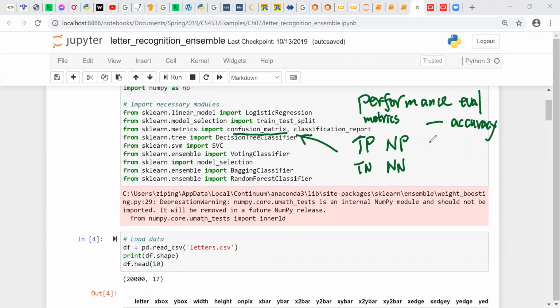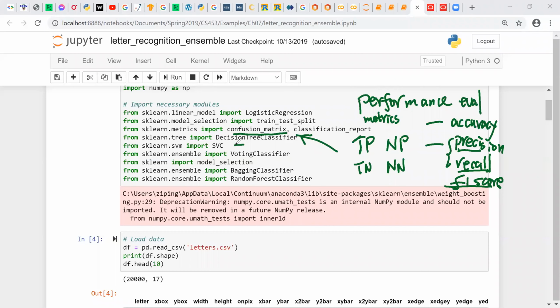Regarding that, what do we have? Precision, recall, and what kind of score? F1 score. So keep those in mind. That also helps with performance evaluation for machine learning.